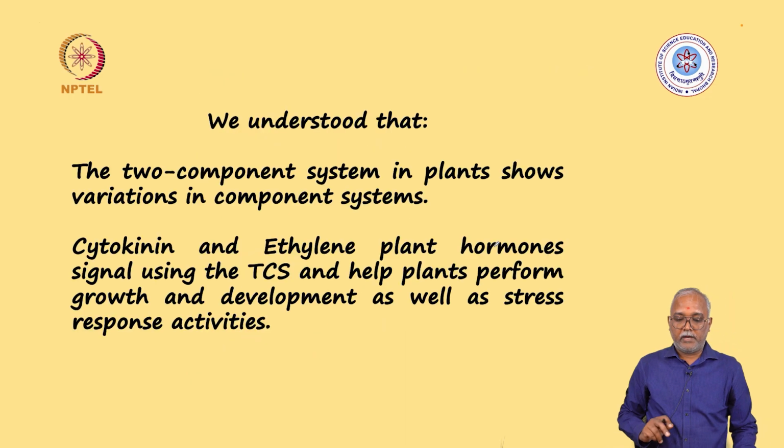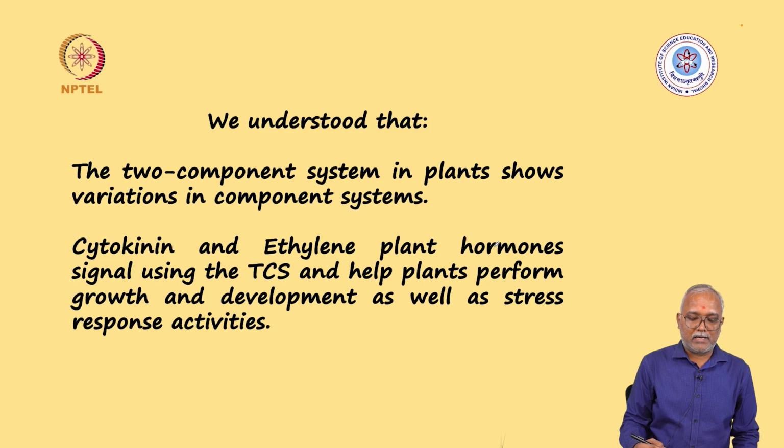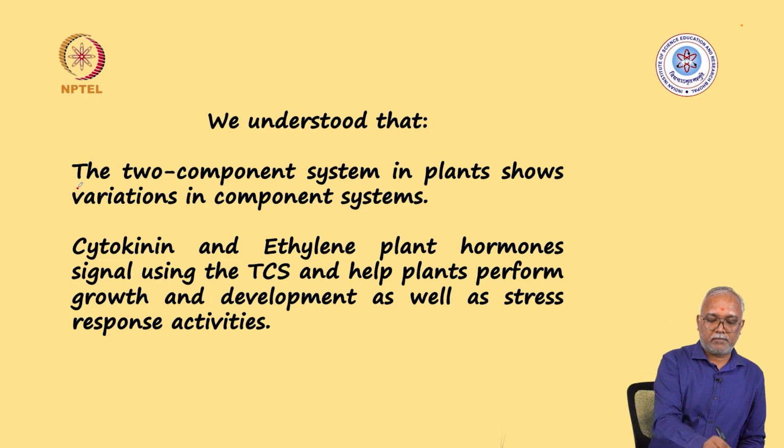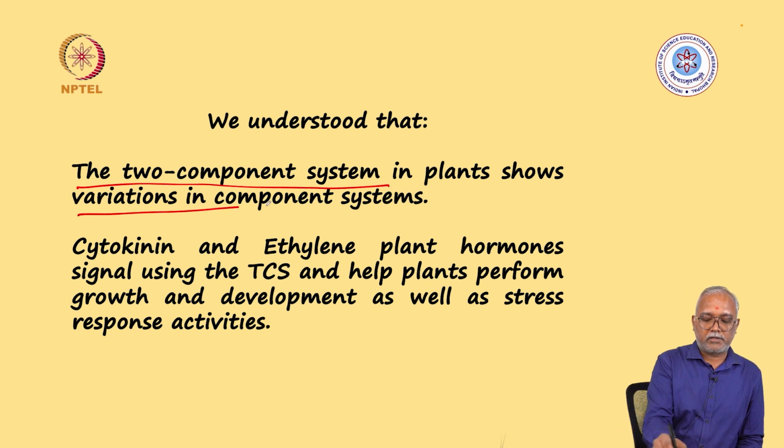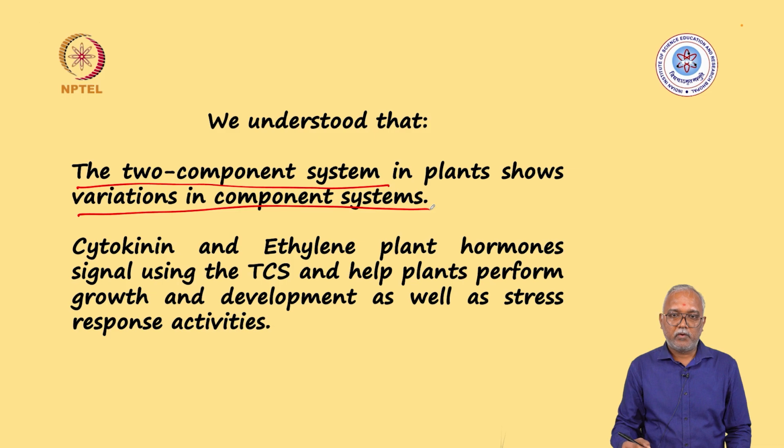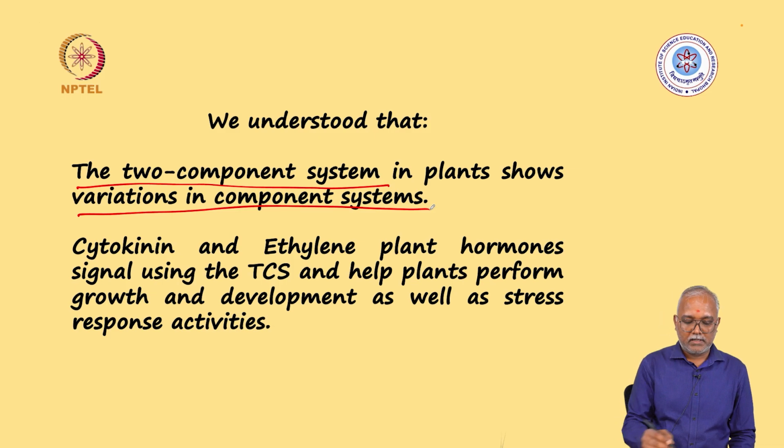Okay. So in summary, what we have understood in this class is that the two-component system is very well utilized in plants. In addition to regular canonical and hybrid type of two-component system, you do find variations in the components themselves, which will have another level of regulation on two-component signaling in plants.